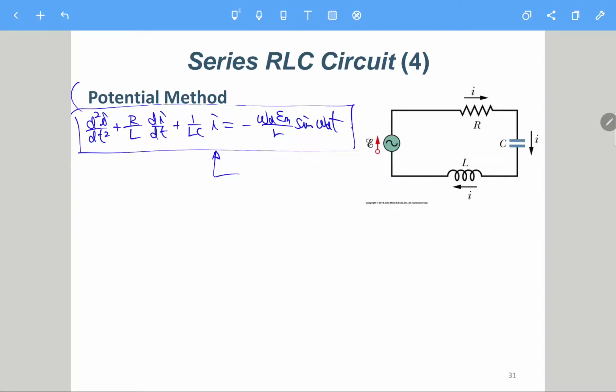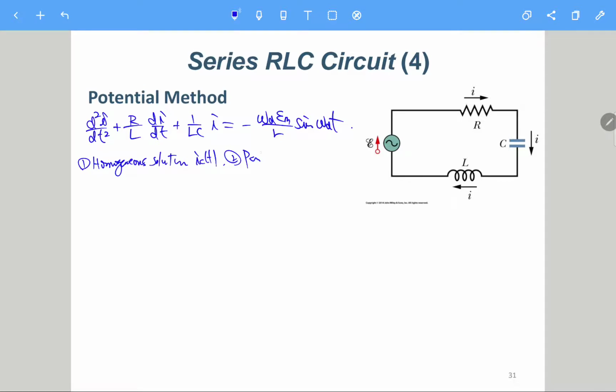Okay, so far we have this one. Of course you need to find the homogeneous solution, and then find IC of t, and second you need to find the particular solution IP of t, and then the complete solution is just adding them together.